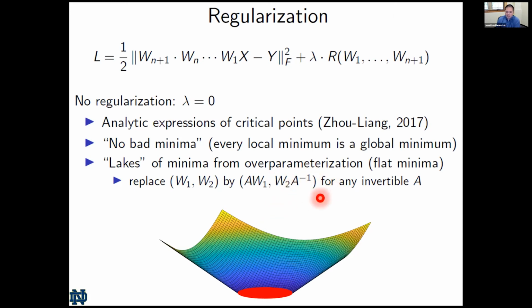You can always throw in an invertible matrix somewhere that cancels off. So this is the idea of what happens in this fitness landscape. Everything just comes down and then you get this big lake of minima down here at the bottom. Everything is equivalent, and so any one of those points will work.